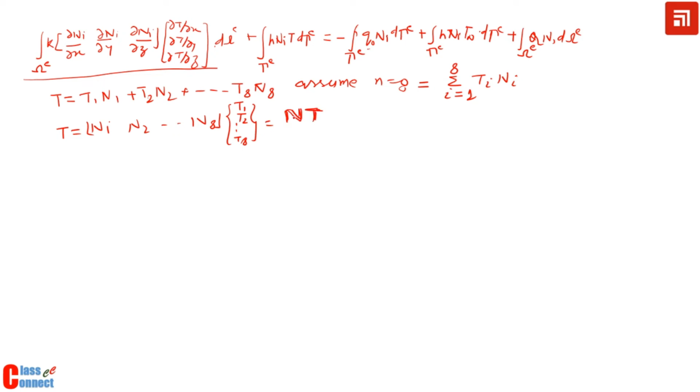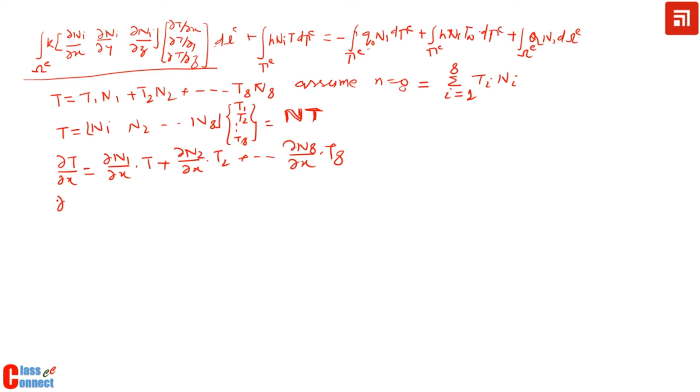So here these N and T are in matrix form, and similarly we can write this del T over del X as del n1 over del X T1 plus del n2 over del X T2, and further del n8 over del X T8.